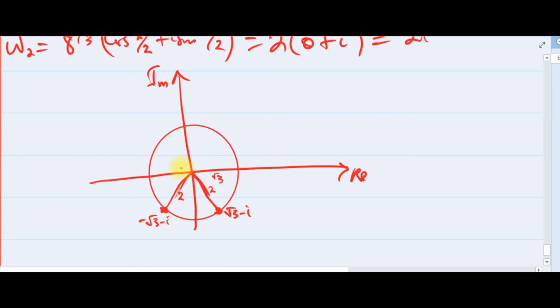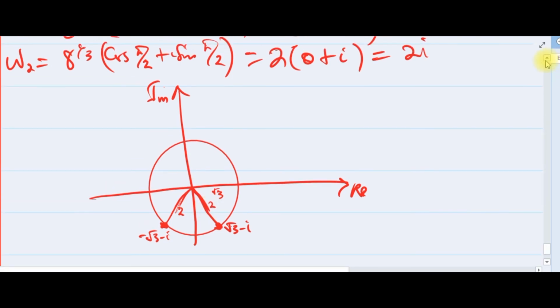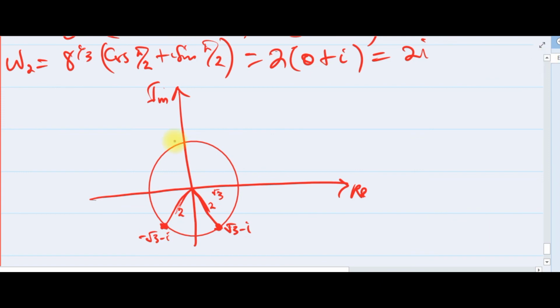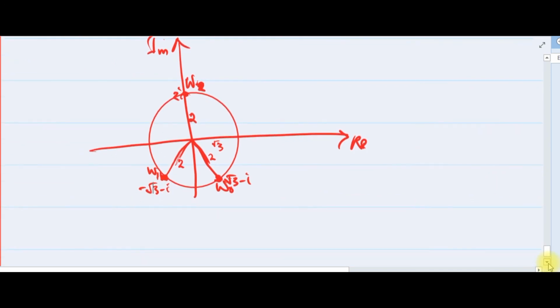The final one is 2i. So the modulus is the same too. This is our omega 0, this is our omega 1, and this is our omega 2. So that's it. It's always a circle with the radius being the modulus.